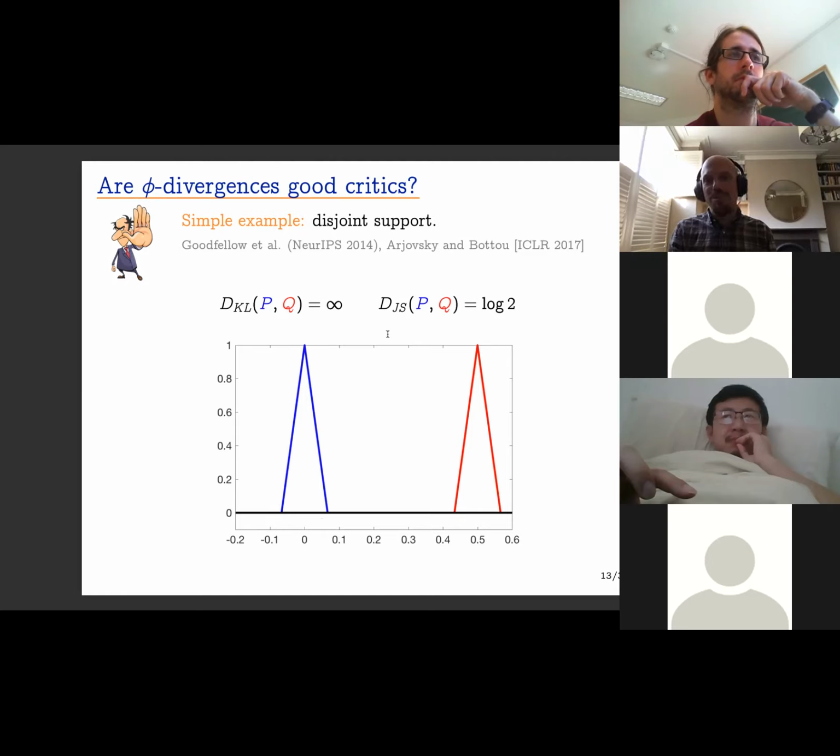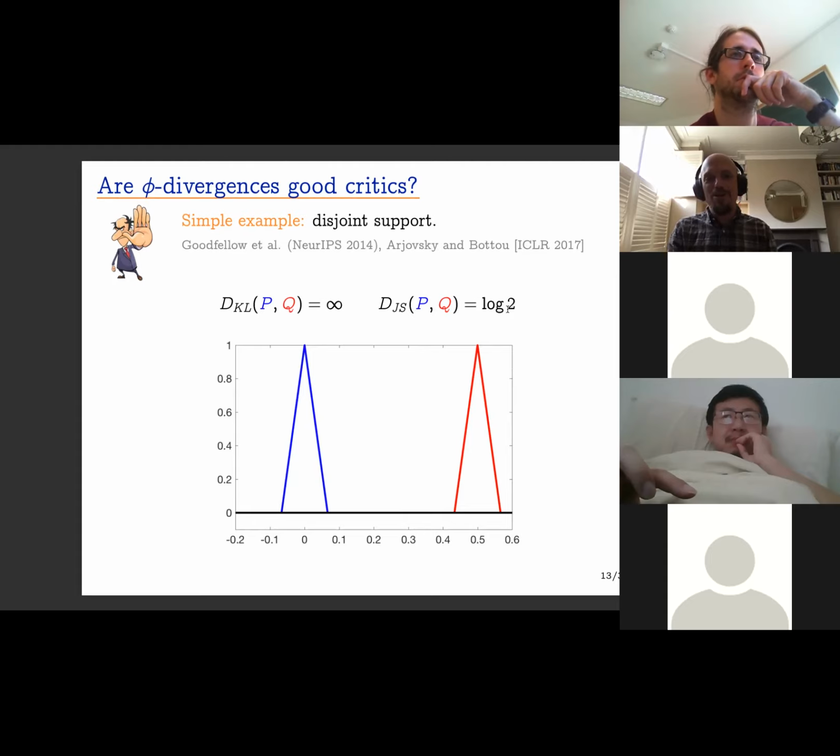The Jensen-Shannon, which is a symmetric version of KL, so it's basically P on P plus Q on P plus Q, is log 2. So it's constant, regardless of whether red is approaching blue, as long as the support of red and blue is disjoint.